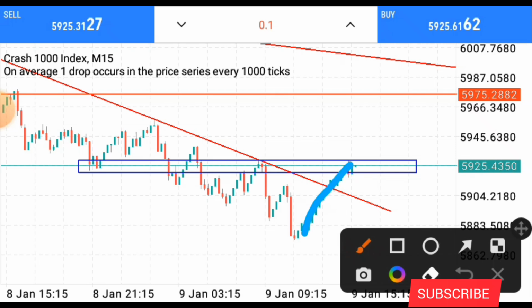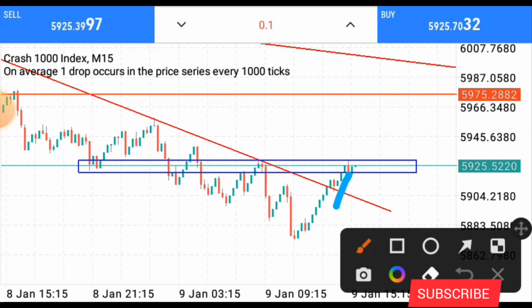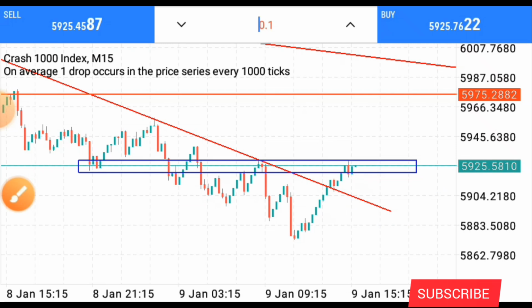So this is what I'm expecting to happen in this market right now. Price is to either break above this, retest, and then continue to this area, or it will go up, retest this, and there is a minor support and resistance zone here. It will break below it, retest, and then the downtrend is to continue. These are the two ways the price movement is to happen. This is my prediction of the market right now.